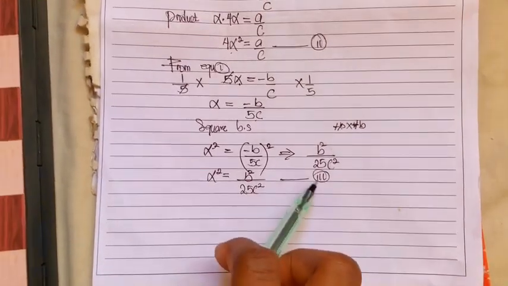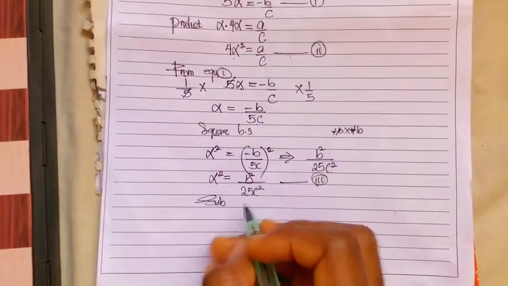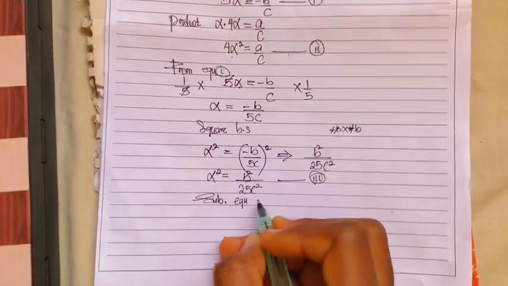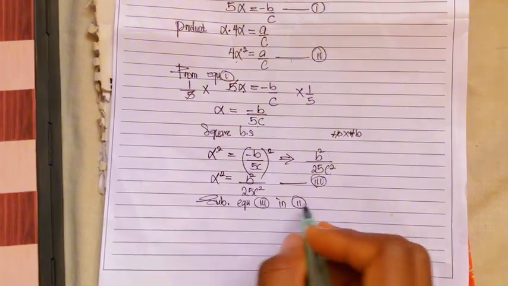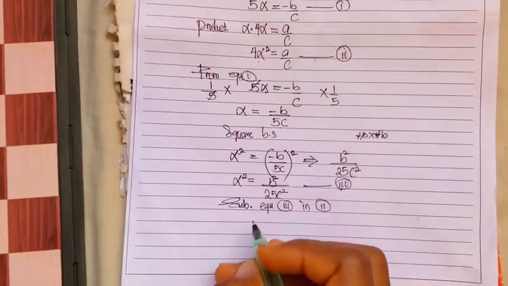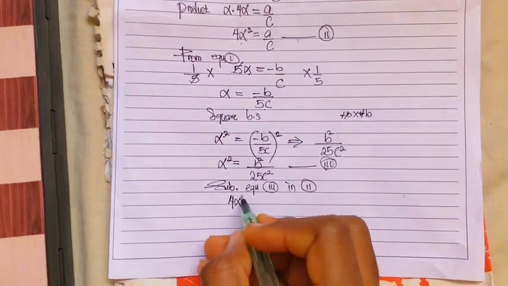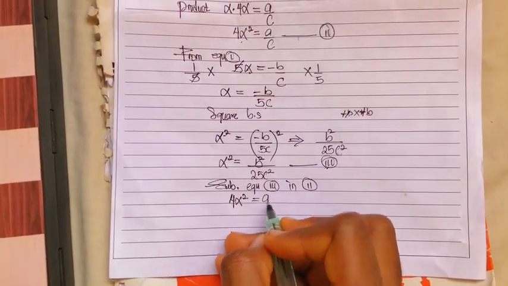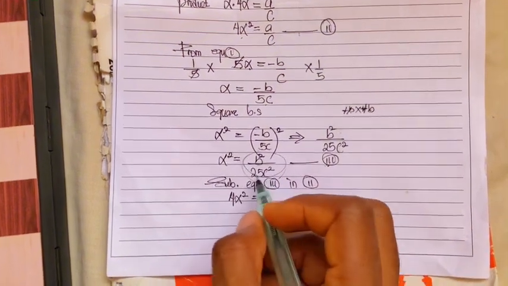Now we can substitute equation 3 into equation 2. What is equation 2? Equation 2 is 4 alpha squared equals a over c. But recall that alpha squared is already representing this.